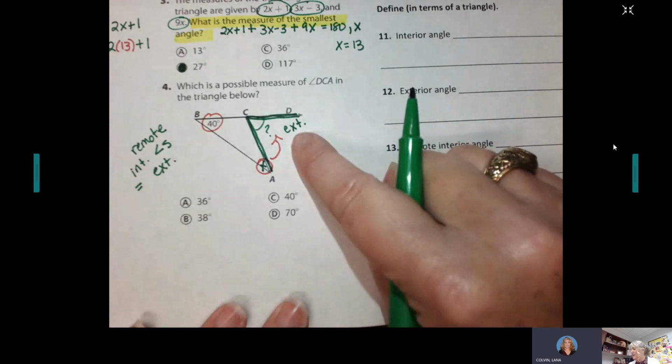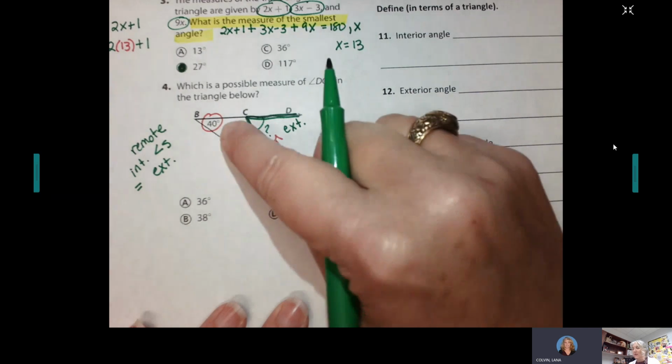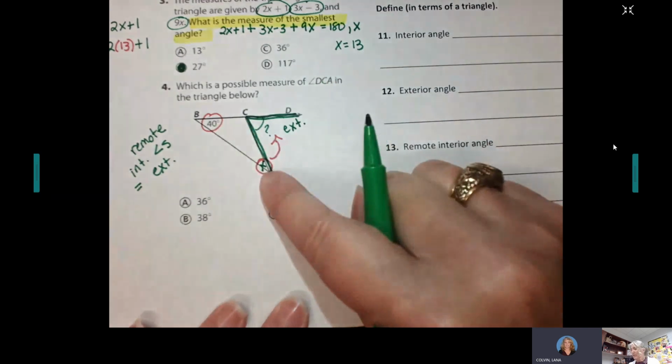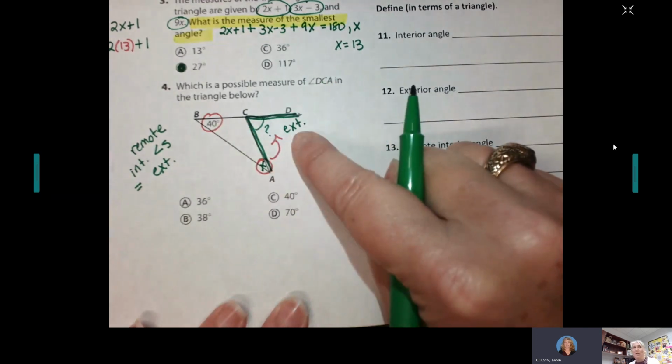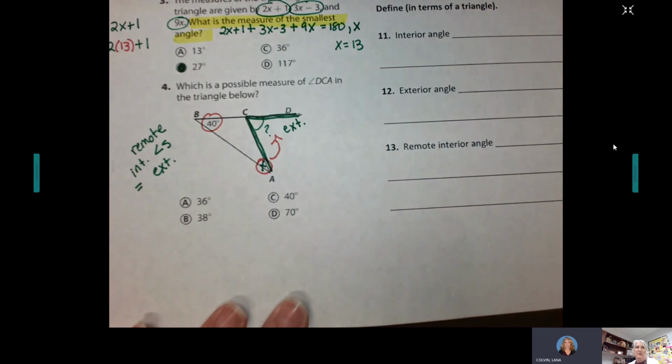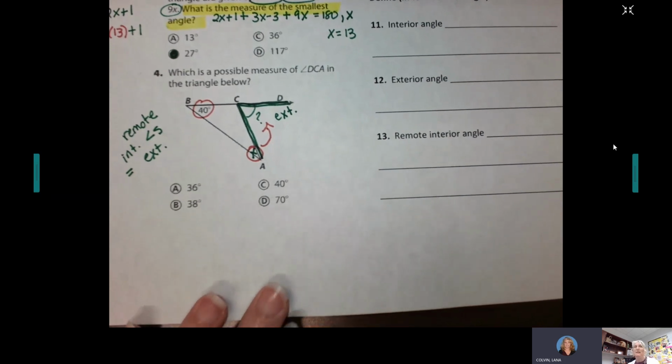So you're saying this angle could be 36 degrees? How am I going to add 40 plus some number and get a number smaller than 40? I need you to think. I'm not going to spoon feed it to you. It's really not that hard.